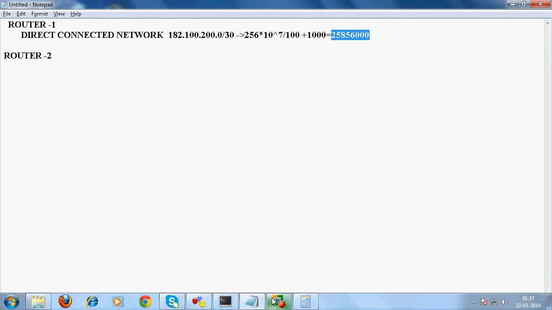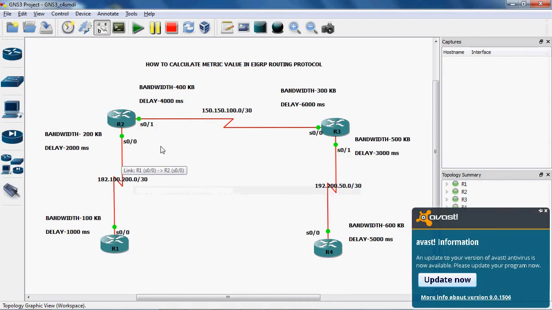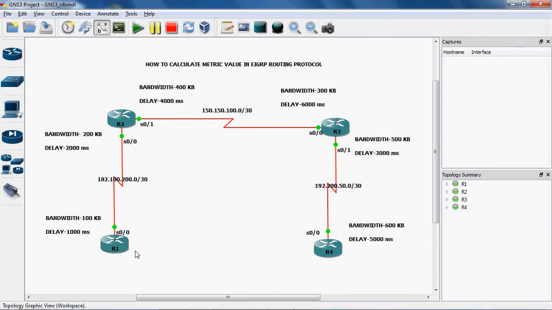Okay. Now we can go to the R2 router. The R2 router has two directly connected networks, 192.100.200.0 and 150.150.100.0. For the R1 router, the directly connected network is 192.100.200.0/30, so for this network we can calculate the metric value.